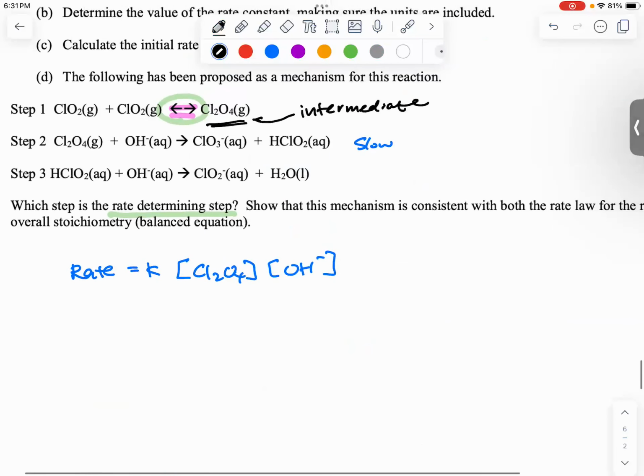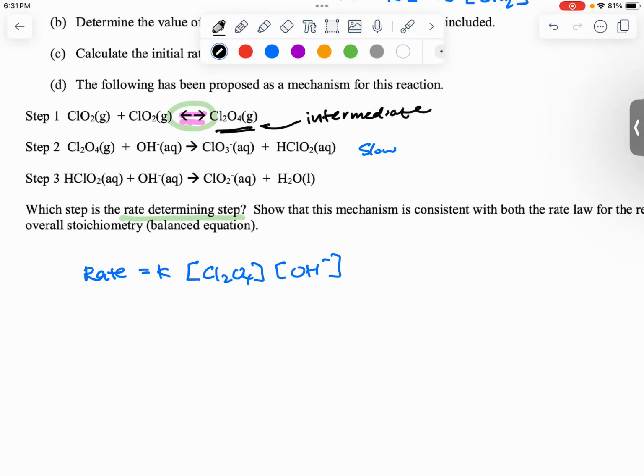So what do we need to do? We say, oh yeah, we would need to express the intermediate with the replacement of the reactants. Well, how? What is the definition of equilibrium? Both sides are equal, right? And also the reverse, like the reaction can go both ways from product to reactant.